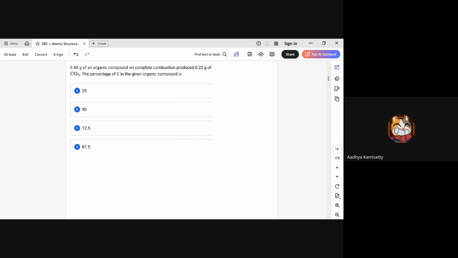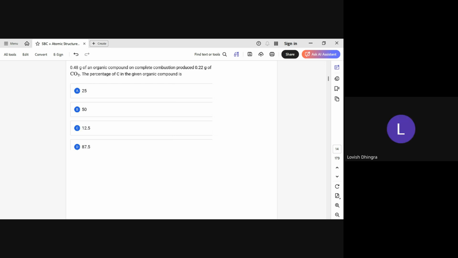0.22 grams of carbon dioxide is 1 by 100 moles. I mean, 1 by 200 moles. Then you substitute it and you get the percentage.